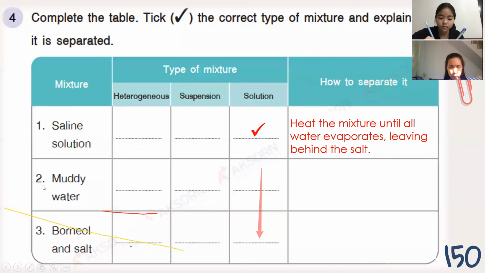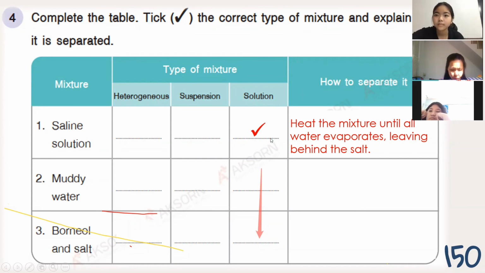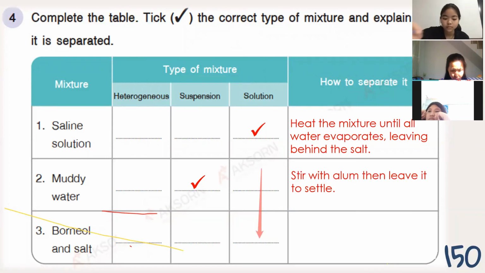Okay, what about number 2? Muddy water. Is it heterogeneous, suspension, or solution? Suspension. Very good. And we separate this by sedimentation and decantation. You stir with alum, then leave it to settle. And for number 3, borneol and salt.